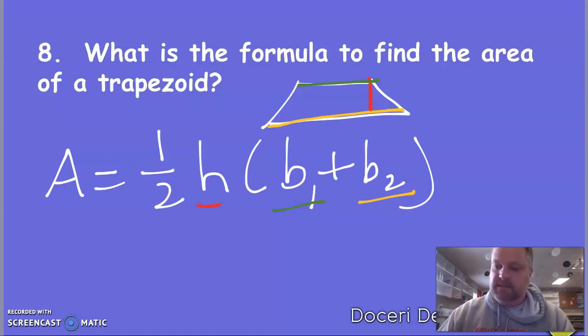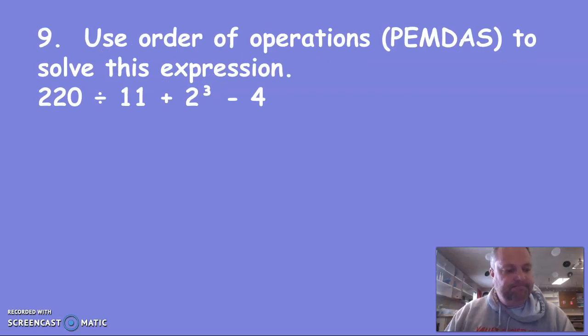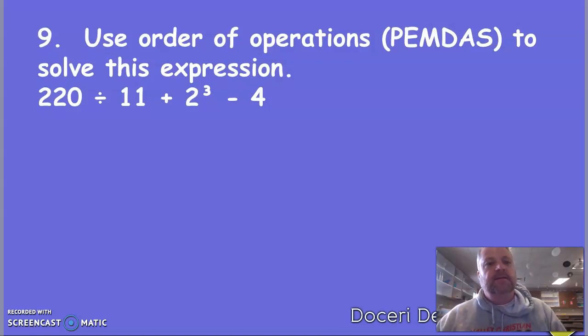Okay, let's move on to number 9. Number 9 wants us to use PEMDAS to solve this expression. 220 divided by 11 plus 2 to the third power minus 4. So let's write this down first of all.